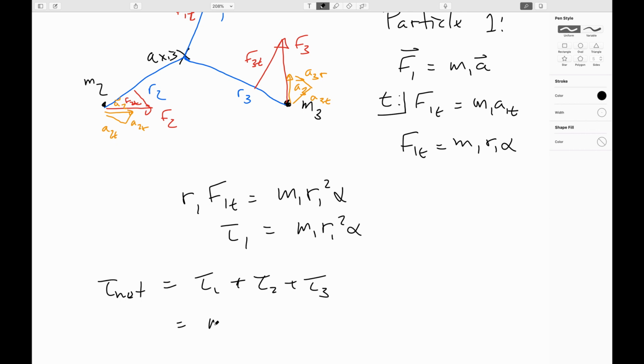So this is M1 R1 squared alpha, and you can get tau 2 and tau 3 in a very similar way. So this will be M2 R2 squared alpha plus M3 R3 squared alpha, and so forth.